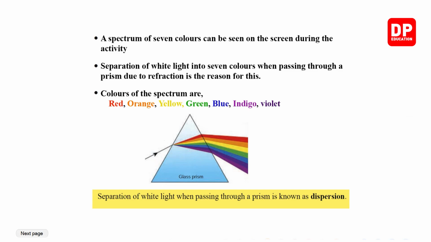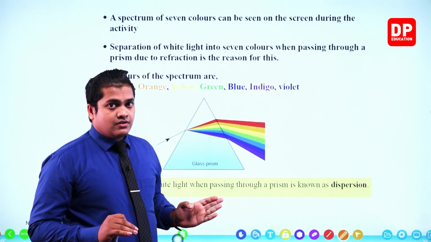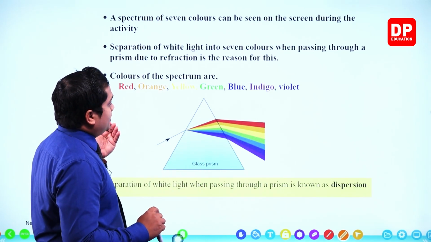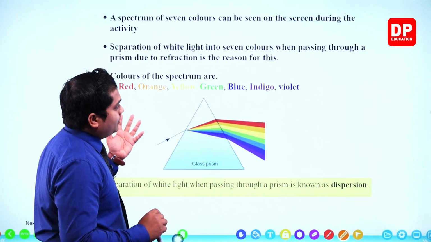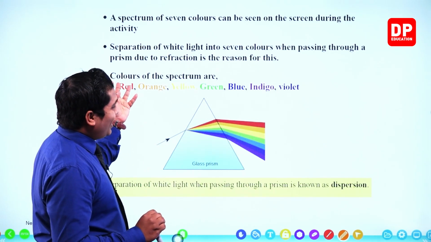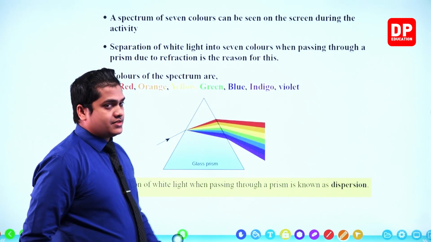Now over here, my dear children, the separation of white light into 7 colors when passing through a prism is the reason for having these 7 colors. Actually, the white light is the one which is getting separated into these 7 different colors.